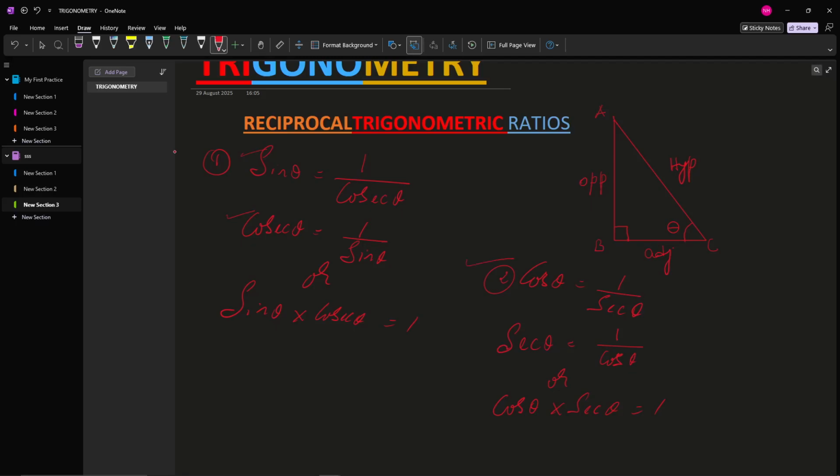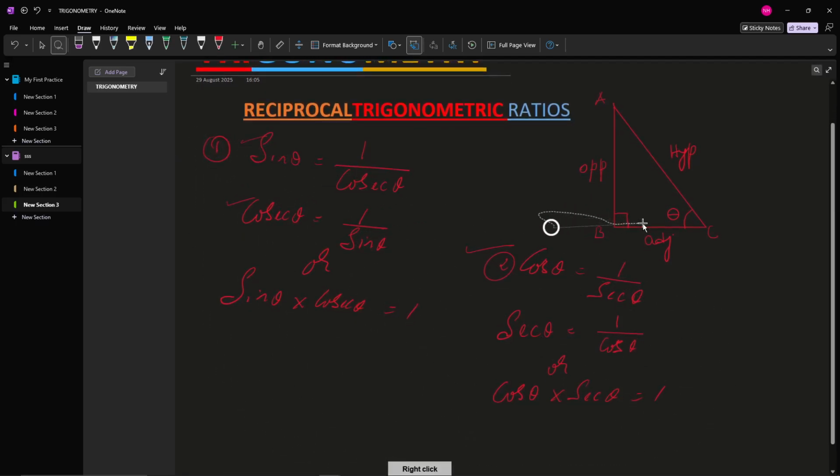So the basic formula is cos theta is equal to 1 by sec theta, or the other way, sec theta is equal to 1 by cos theta, or cos theta into sec theta is equal to 1. Whenever you look into LHS and RHS, it is not that you look only from LHS to RHS. The problem has to be looked at from RHS to LHS also. So you can also prove that 1 by cosec theta is equal to sin theta.